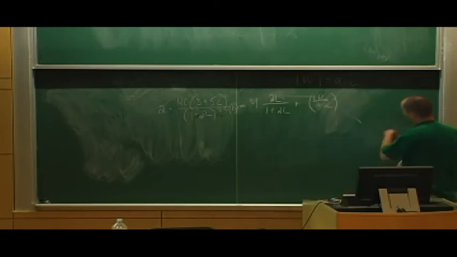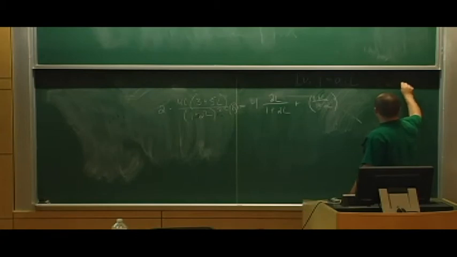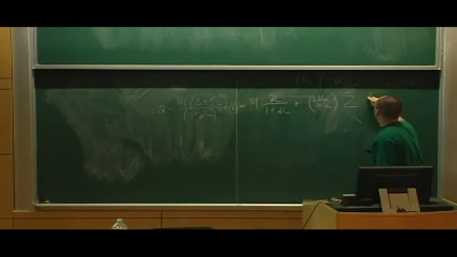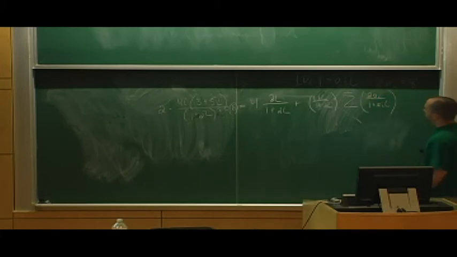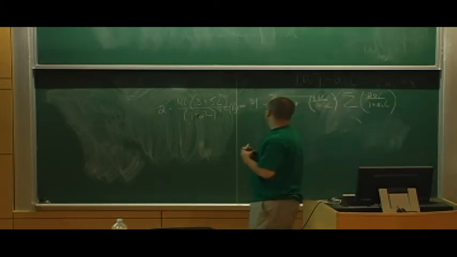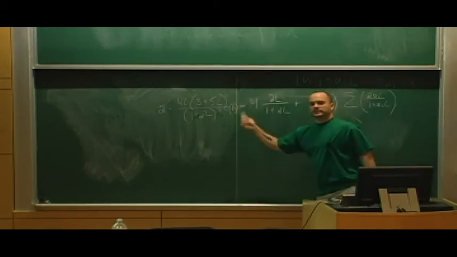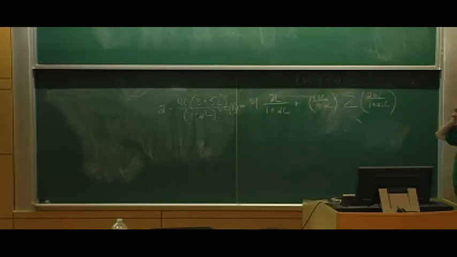And I know that whatever branes are involved, the summation of the a_i has to be equal to 8, because they have to add up to the class of the discriminant locus, and so this becomes a summation of 2 a_i L over 1 plus a_i L. So what you can do is solve for the smooth branes satisfying this limit by just taking partitions of the number 8, plugging them in, and seeing which partitions of the number 8 satisfy this universal identity. So at the end of the day, it's something very simple.